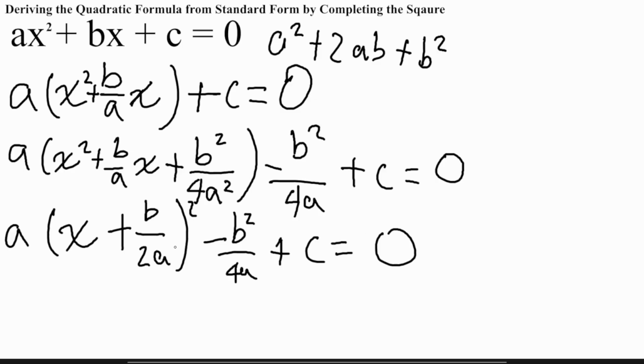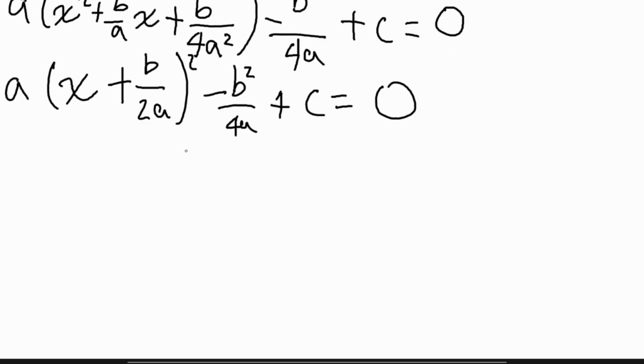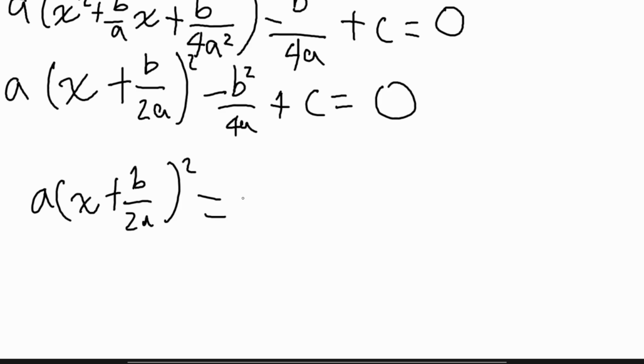Okay, now that we're left with an x, we can solve for x by manipulating this formula or expression. So we'll move these two terms to the other side. That leaves us with a times x plus b over 2a squared is equal to b squared over 4a plus c.